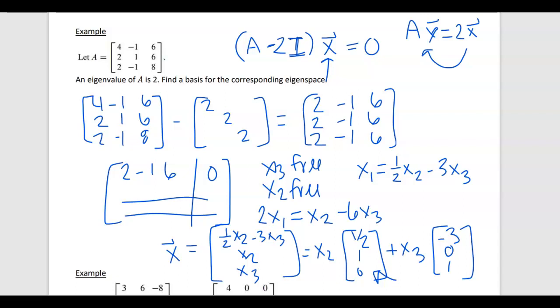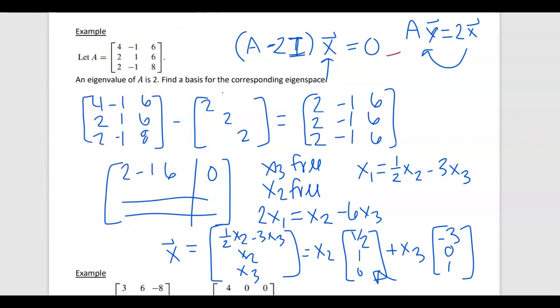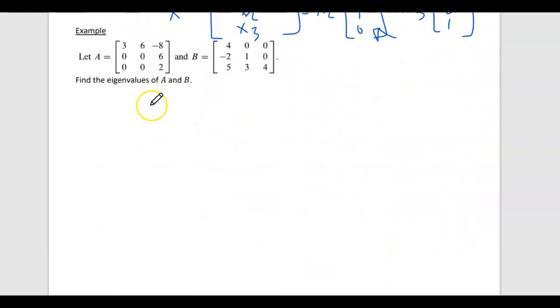And so the basis for my final answer is going to be 2, 1, 0, and then negative 3, 0, 1. And that's okay, we can have scalar multiples within those vectors, and it's just a little bit nicer to write it. Oops, sorry, these should be backwards. Multiply by 2: 1, 2, 0. And then negative 3, 0, 1.